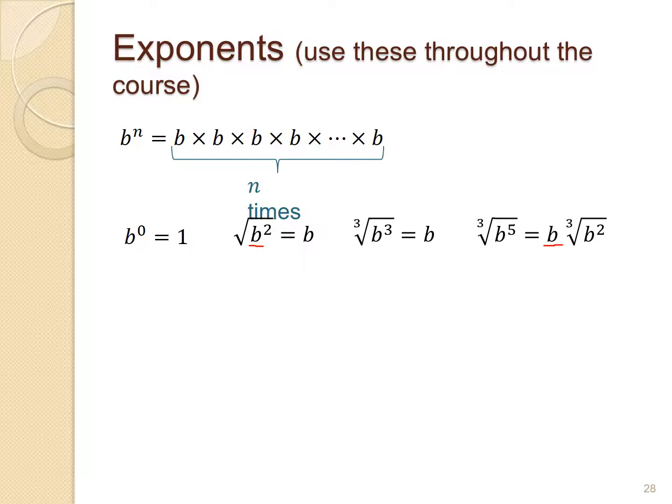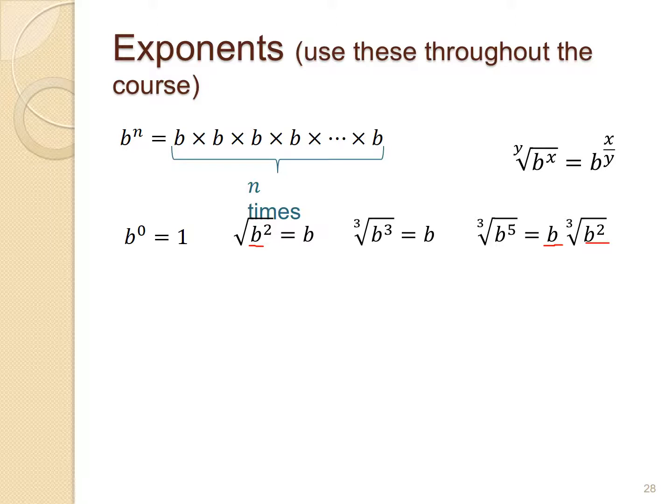So if I pull 3 of them out, I'm left with 2 of them. So that's why we get the b squared at that point. So whenever you're working with this, you can think of it as, I'm going to group together 3 b's, and for every 3 b's that I'm multiplying together, I can pull one of them out. So I pull out 3 of them. 5 minus 3 leaves you with 2.